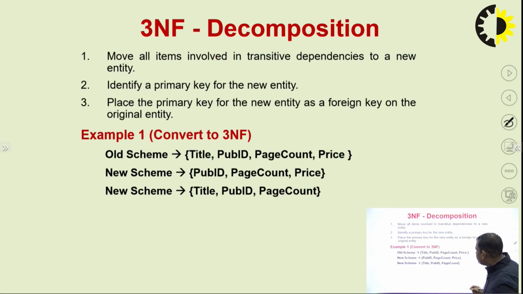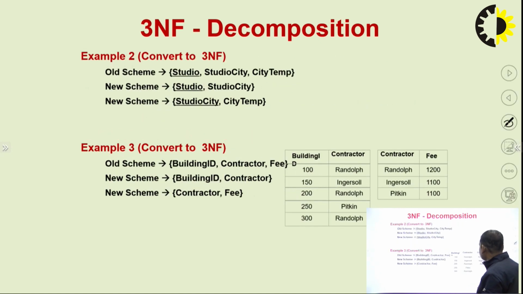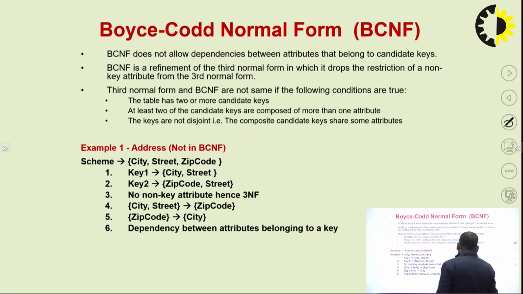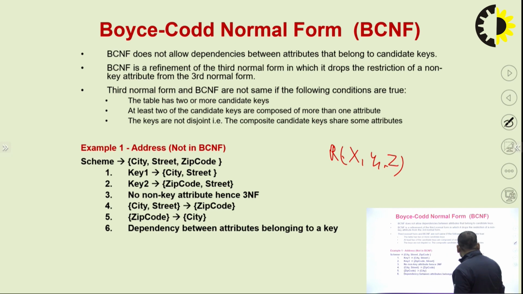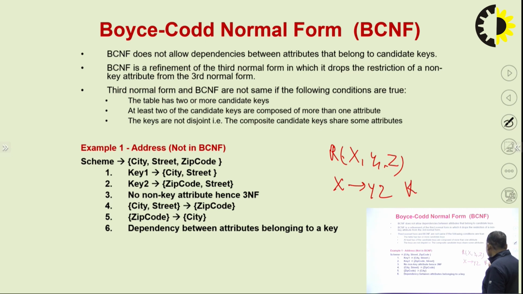Transitive dependency is, for example, relation name R with X, Y, and Z. X, Y, and Z are attributes of the relation, and X determines Y, Z, and X is not a key.